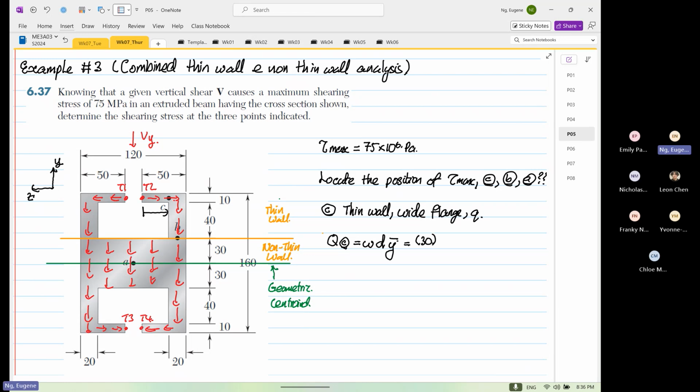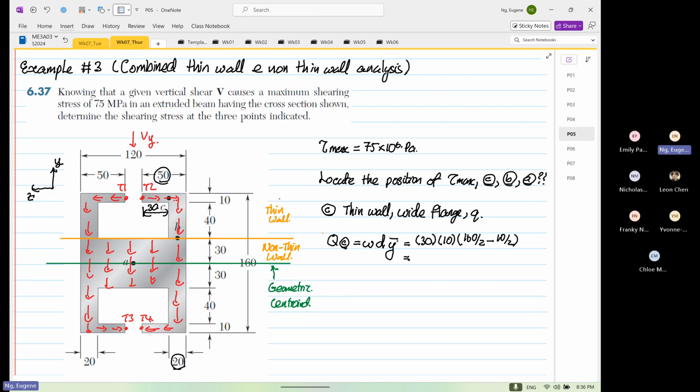Because we know that this is 50, we have 20, so this is 30, okay? And the depth is 10. And the y bar is what? Wait, the whole thing is 160. So it's equal to 160 divided by 2 minus 10 divided by 2.